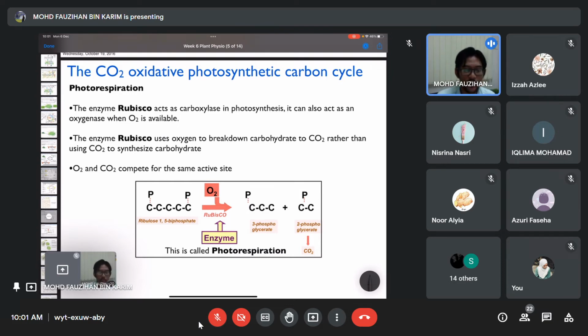So for this, you don't have to remember the enzymes ke apa ke, because I remember when I gave a question about Calvin cycle, my previous students were very generous enough to write the names for every step in the Calvin cycle, right? Which is good. Tapi you takkan gunakan pun after you graduate, right? Apa yang you gunakan adalah the general terms tadi. Ada fixation, ada reduction, ada regeneration, right?